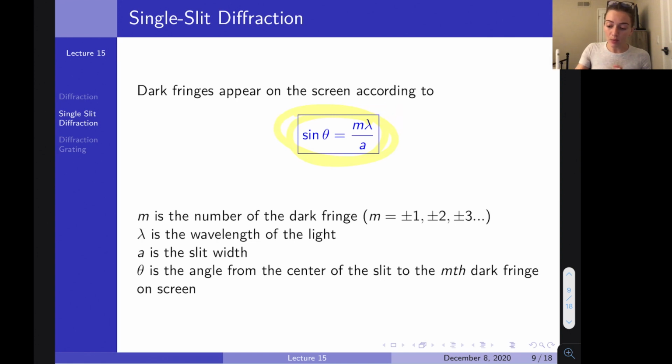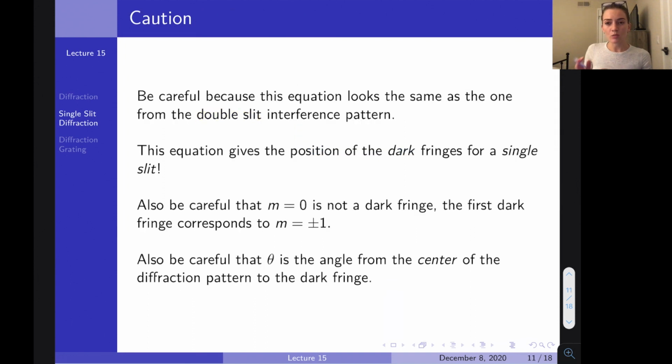So that's very important to remember, that what your equation represents for the single slit and the double slit are basically opposites. So be really careful of that. This equation gives the dark fringes for a single slit, not the bright fringes for a double slit.